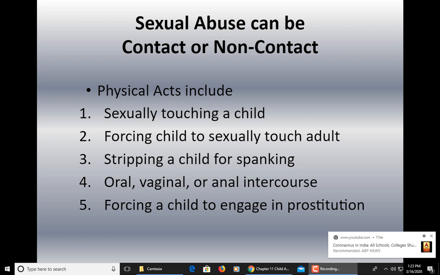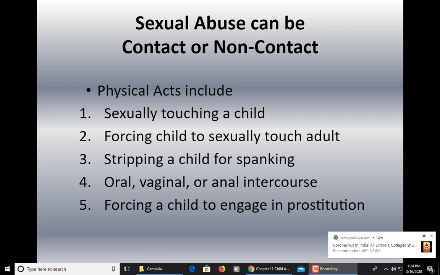So let's talk about the different types of sexual abuse. It can occur both with contact and non-contact. Sexually touching a child. Now, if I touch a child on the shoulder, I'm not sexually touching them, but anyone who touches a child on their genitalia or their body for sexual gratification, or the breast of a child for sexual gratification, that would be considered sexual abuse.